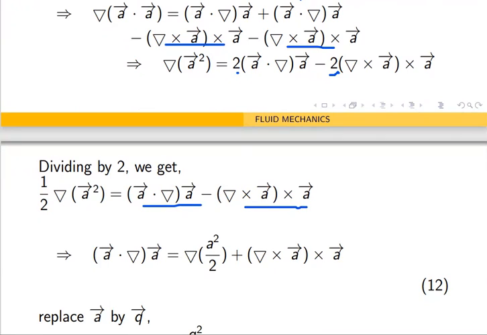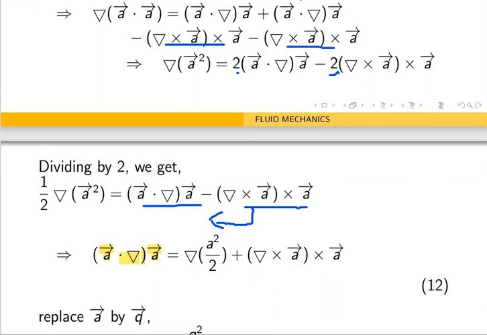Fine. So what is this now? We'll shift this to that side. So we get A dot gradient A is equal to gradient of, that half is taken inside, A square by 2 plus curl A cross A. Fine.